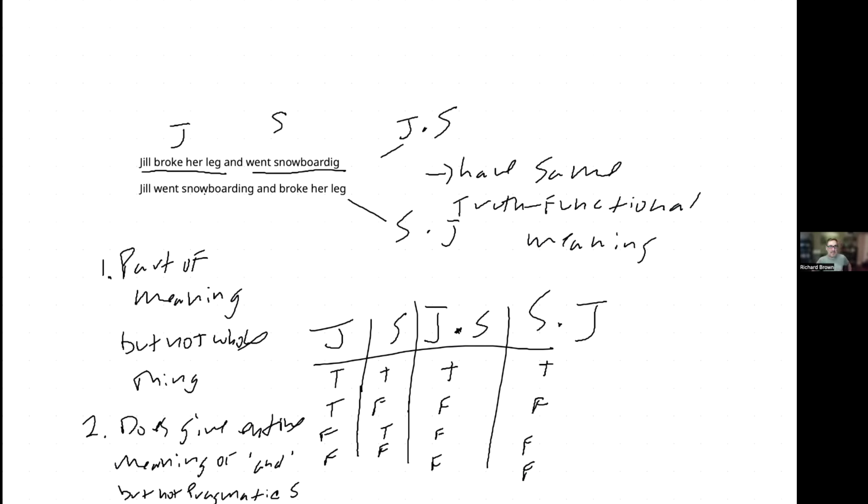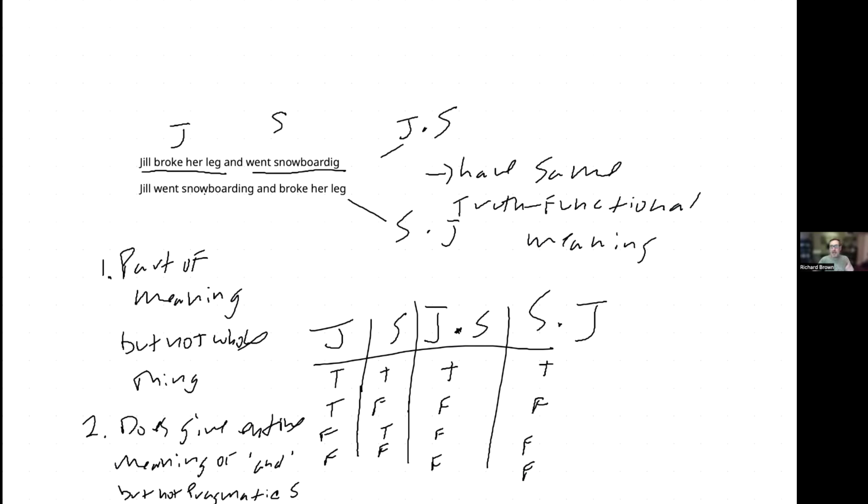So this is a deep issue in the philosophy of language. I think there was a time when this one was more popular than it is now. I think maybe this one is more popular. But you could see how there's two different options here.